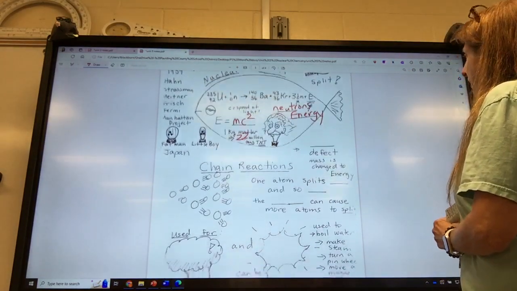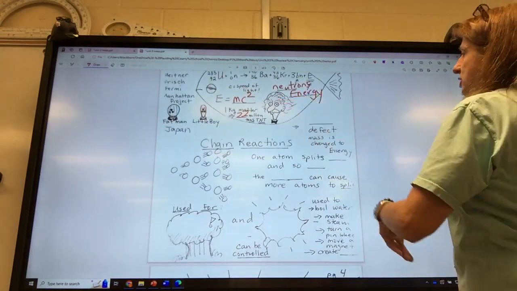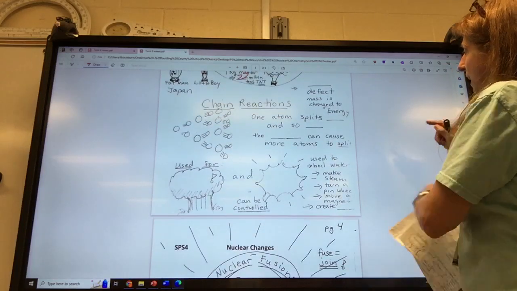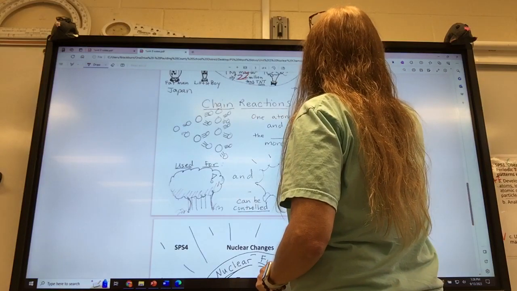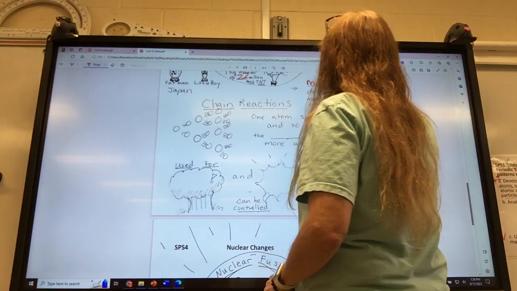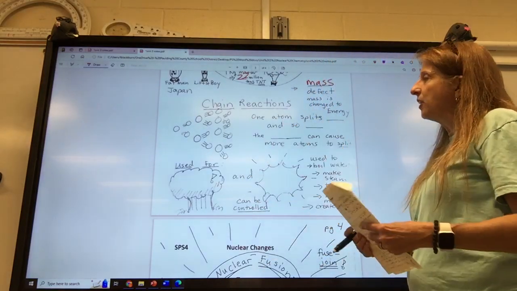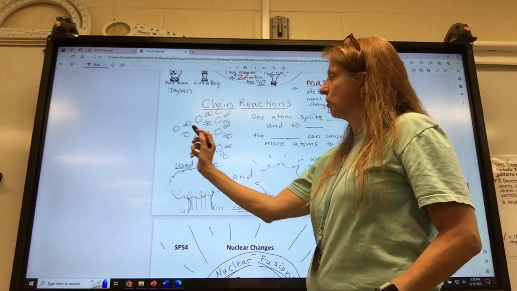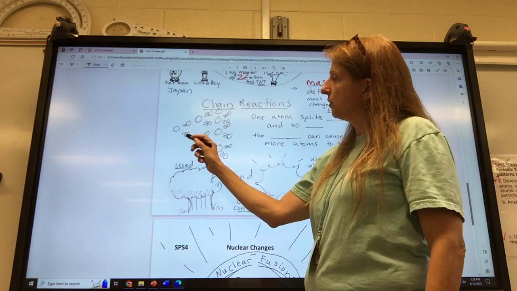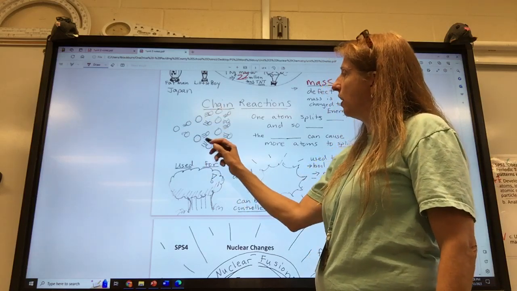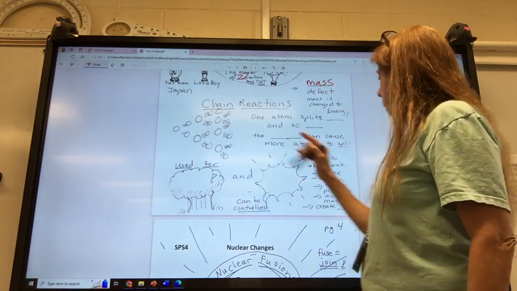Now, to have a nuclear bomb, see, that's our fish, you have to have enough stuff. So why it makes a bomb is mass gets changed into energy, okay? And then a chain reaction starts. If one atom splits, it gives off some neutrons, and those neutrons can hit more atoms and split them.